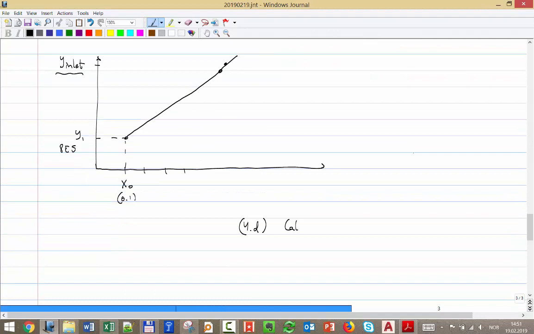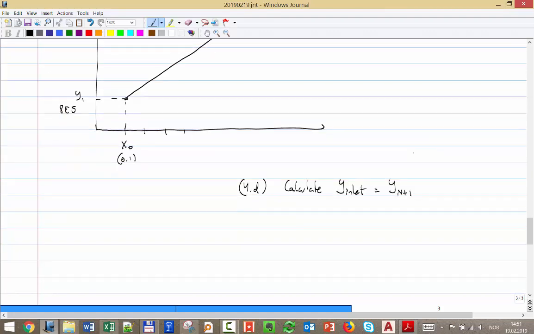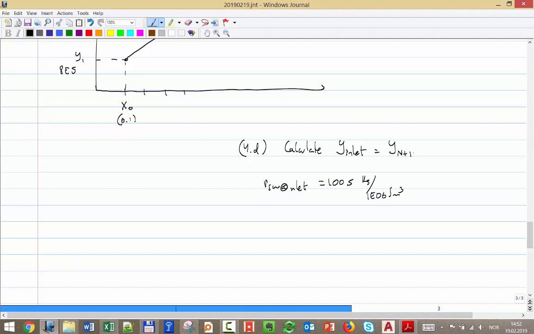Okay? We want to calculate Y inlet, and Y inlet is yn plus 1, depending on the number of trays you have. I calculate it exactly the same way, right? We have the RSW at the inlet, which was 1,005 kilogram per million. Then we can calculate the mass flow of water at the inlet, which is this 1005 times 2.83.